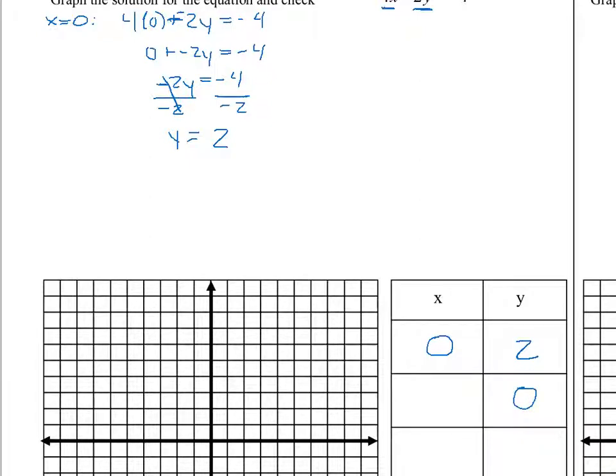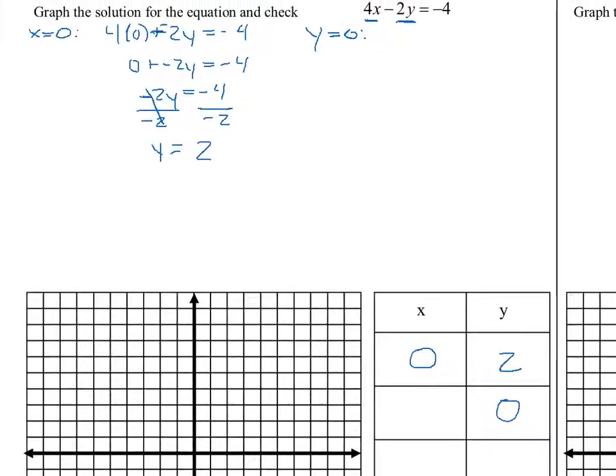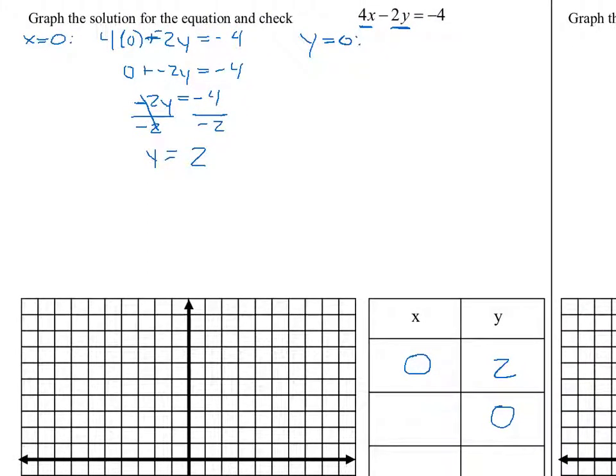When we plug in 0 for y, I get 4x minus 2y is equal to, oh sorry, we said y was 0. Plug that in. Is equal to negative 4. All right, can leave change switch here.